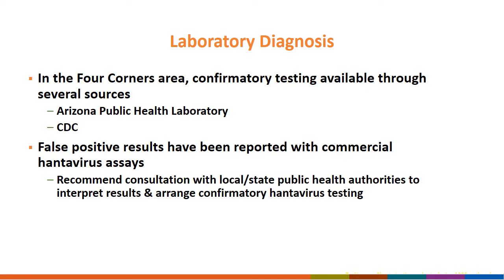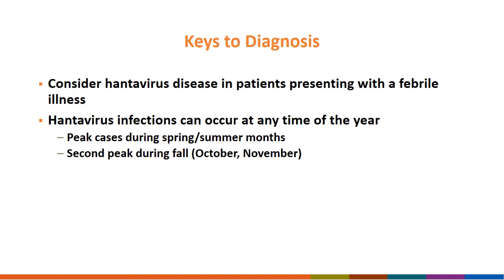A commercial hantavirus assay is also available through Focus Diagnostics. However, false positive results have been reported with the commercial assay, so it's important to interpret the results carefully when a commercial assay is ordered. It's also important for providers to contact their local or state health department when they suspect hantavirus and want to arrange for diagnostic testing.